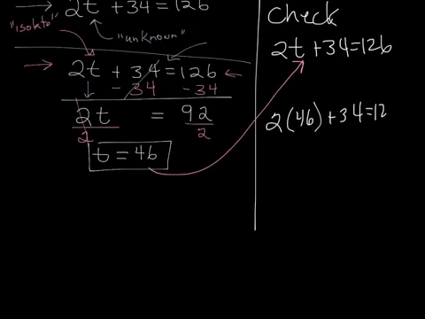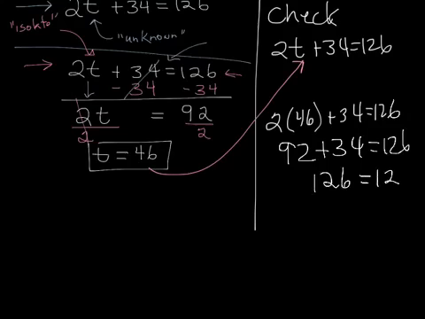Move that over a little bit. I take 2 times 46, which is 92. And then I add 34, and if the left side of the equal sign equals the right side, then this checked, and I know I solved it correctly.